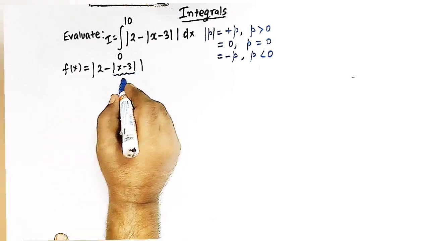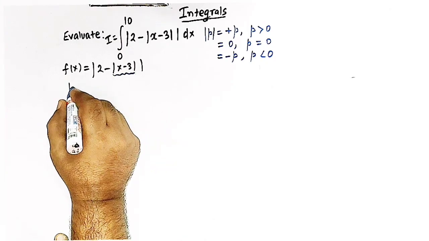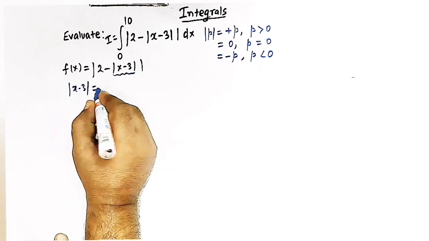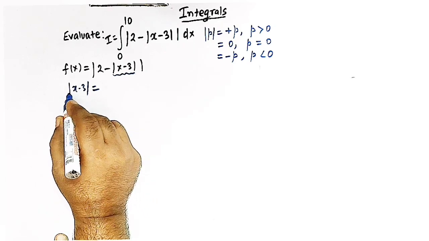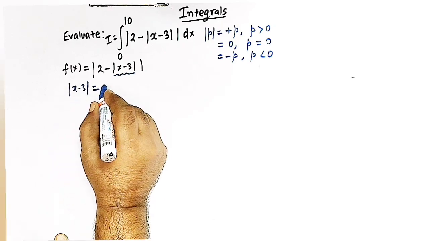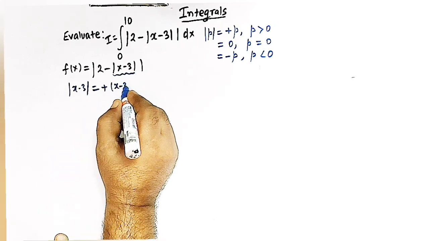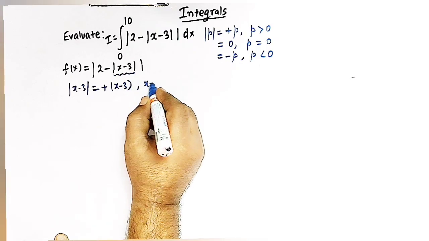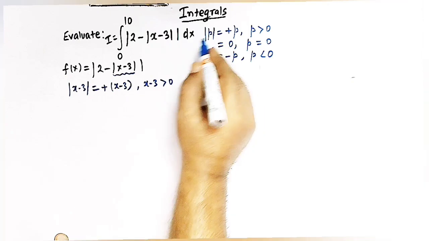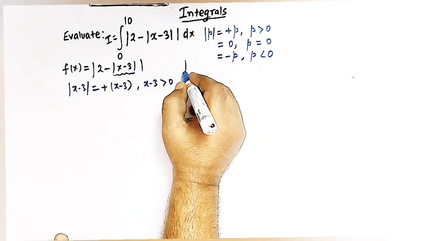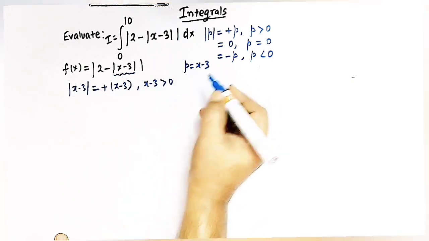So let us first define mod of x minus 3. According to this definition, we can now write mod of x minus 3 as positive x minus 3 whenever x minus 3 is greater than 0. So we can take p is equal to x minus 3, right?